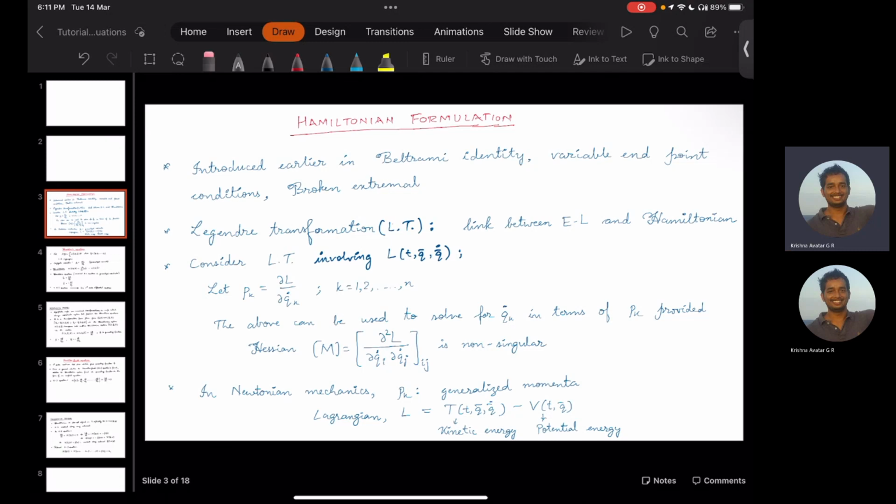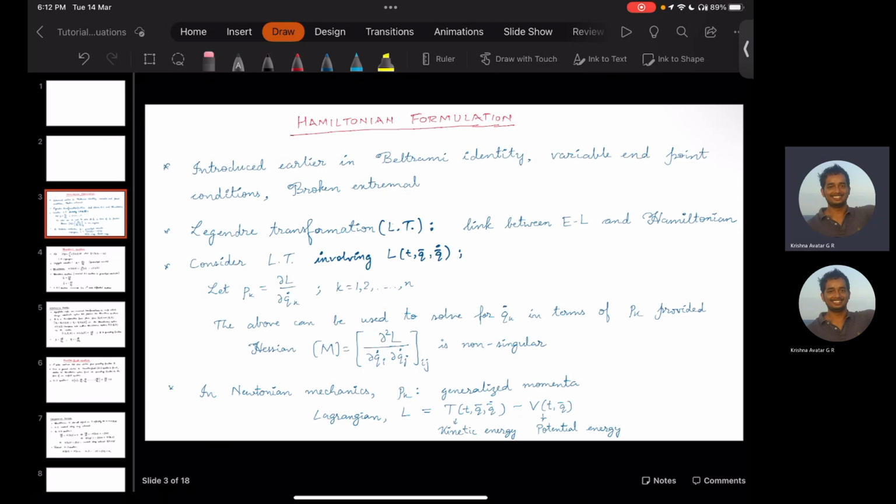One such transformation is called the Lagrange transformation, abbreviated as LT. This is a transformation which makes a connection between the Euler-Lagrange equations and the Hamiltonian of a problem.